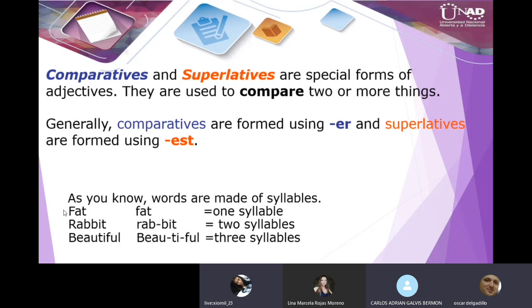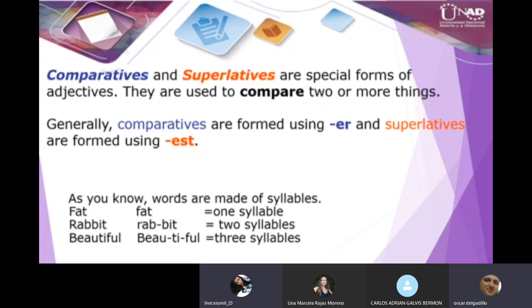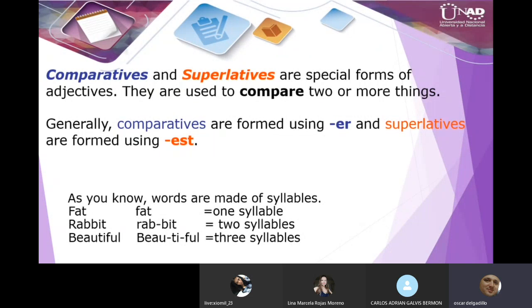Yes, teacher. Okay. And first of all, it's very important to know that the words are divided in syllables. It's like in Spanish, the words have different syllables. For example, here we have some examples. The adjective fat has one syllable.